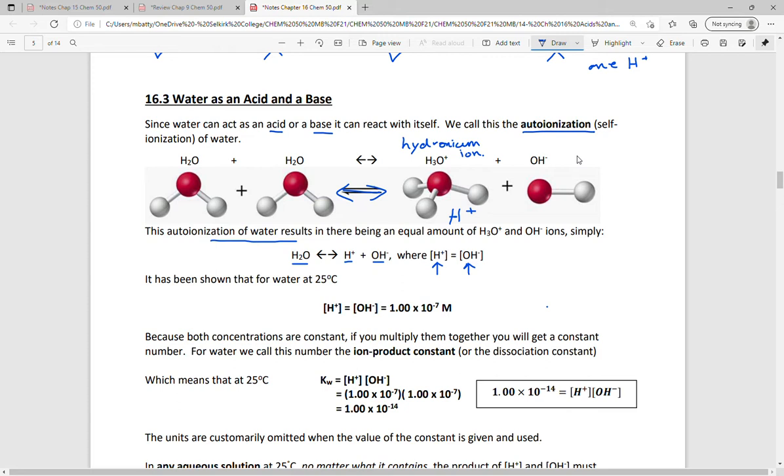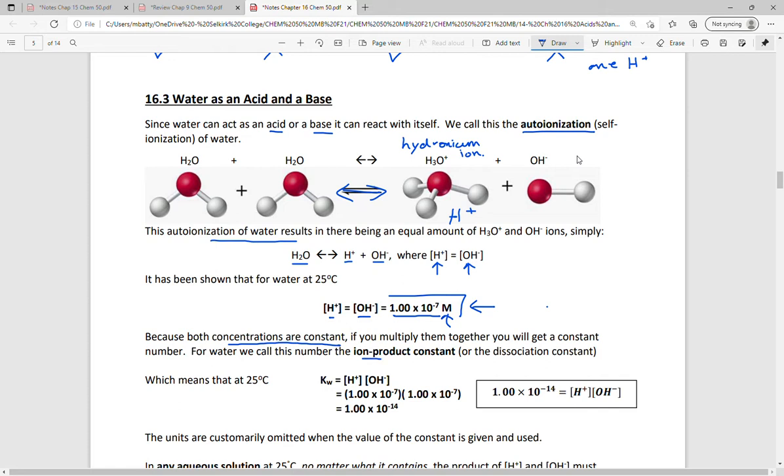If you were to figure this out for perfectly neutral water, not acidic, not basic, perfect distilled water, the concentrations of both of those, anion and cation, would be 1.00 times 10 to the negative 7. It's a very small concentration because most of it is just water, right? So these ions would be dissolved in the water at this concentration, not molarity. So because these concentrations are constant, if you multiply them together, you also get a constant number.